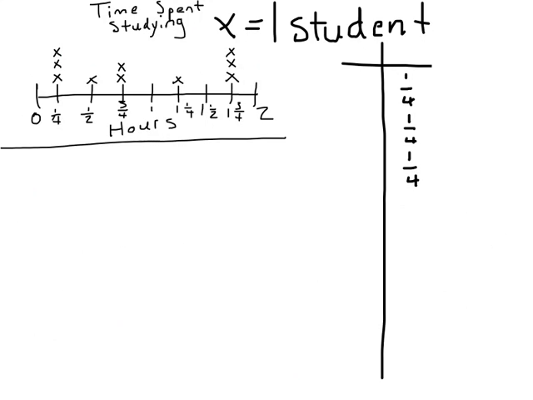I'm going to add 1/2 1 time. I'm going to add 3/4 2 times. I'm going to add 1 1/4 1 time. And I also need to add 1 3/4 3 times.